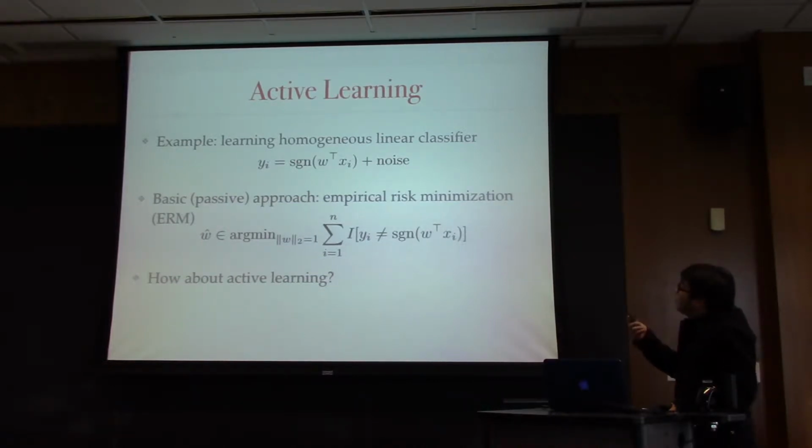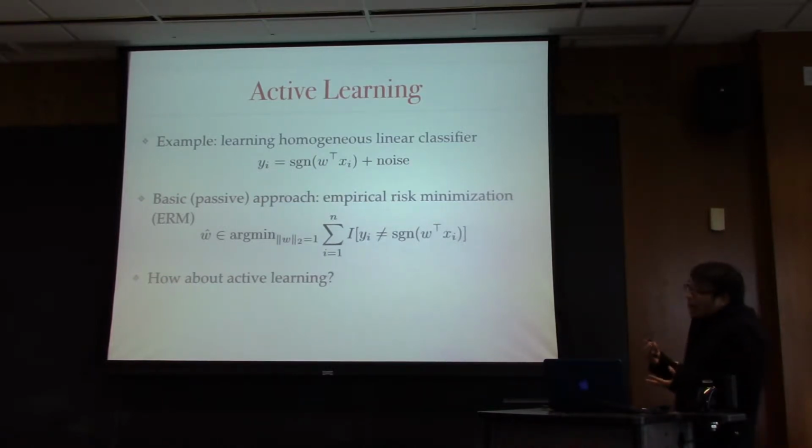So basically, the sign of the inner product between the classifier W and the data point xi will tell you whether yi is more likely to be positive or negative. And we also have the noise term. So even if W transpose xi is positive, there is still some chance that the label yi can be flipped. It's just that yi is more likely to be positive in this case.